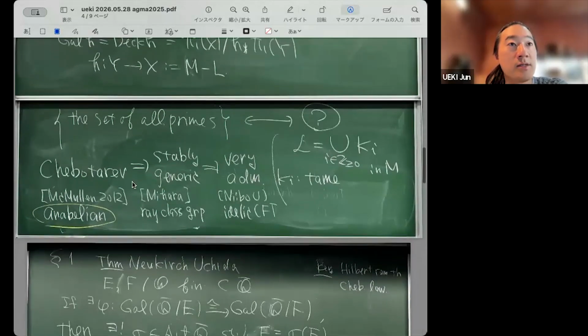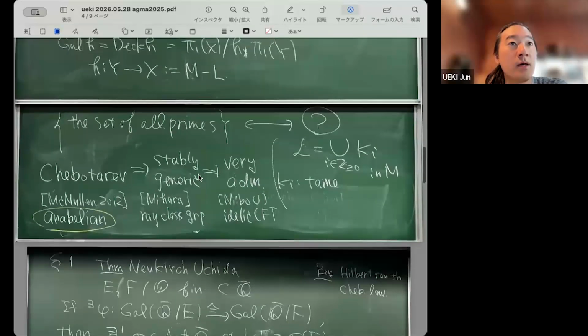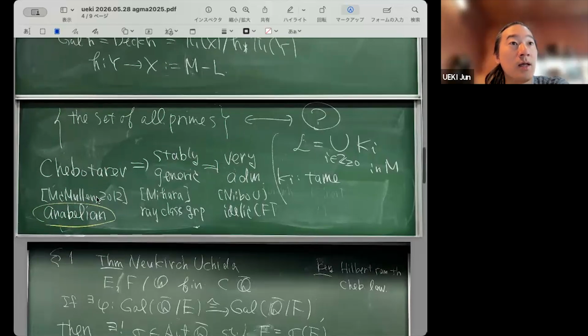There are implications among these three conditions. If we assume this link is very admissible, then we can formulate an analog of idelic class field theory. And if we assume Chebotarev, we can study an analog of Anabelian geometry that I will explain in this talk.